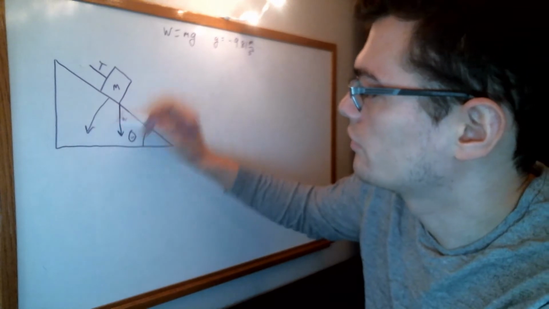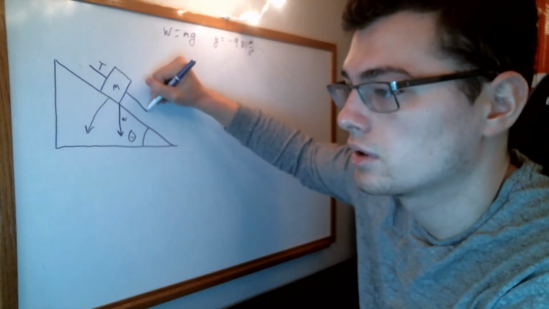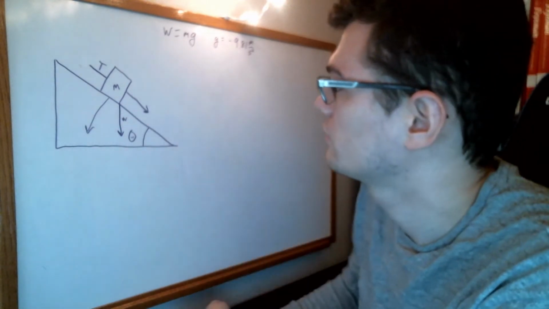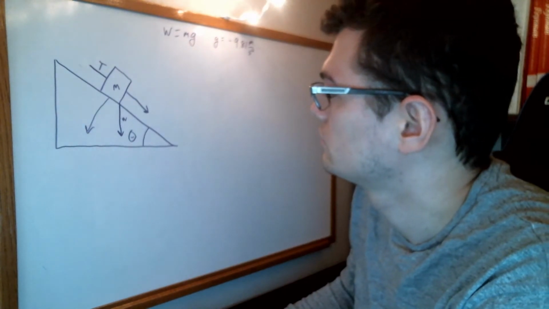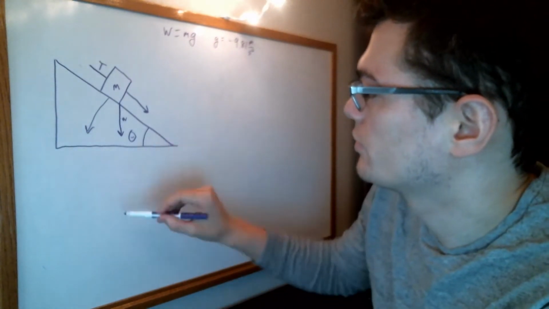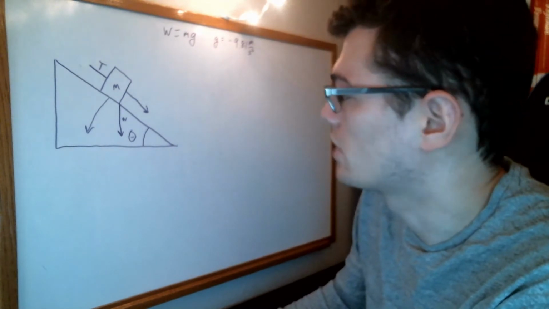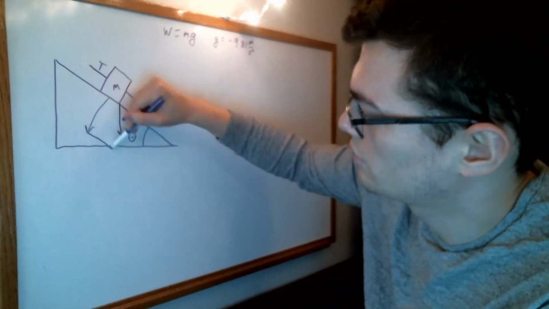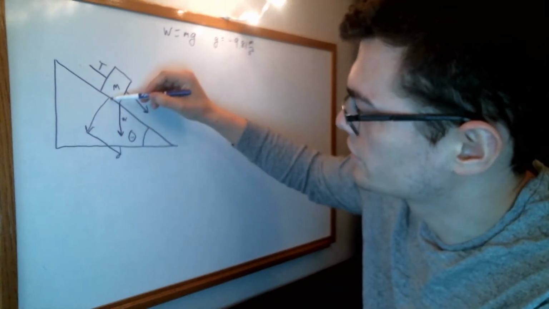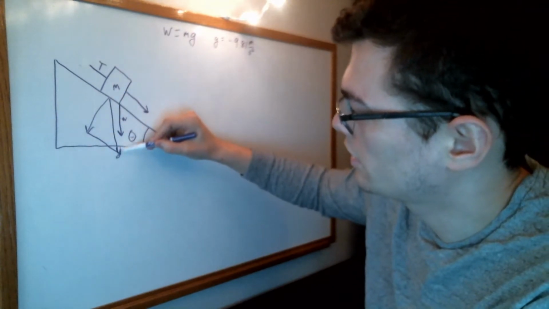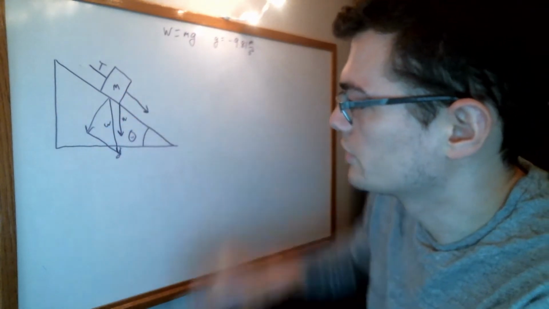So you're going to have a force this way, a force this way, and so all we have to do is break this down into a regular triangle. So we can move this force here, and then this one is going to be W, like we see here.